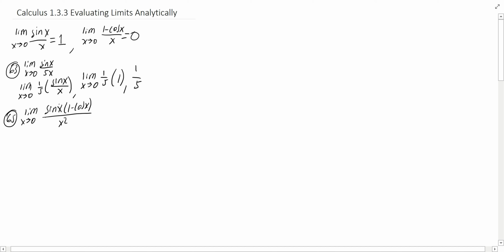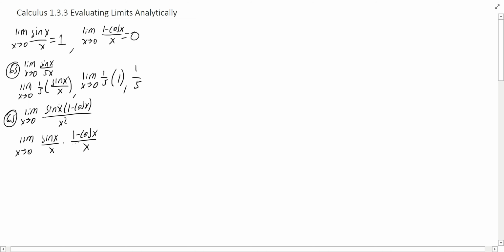In this sort of problem, we're going to use a pretty similar technique as we've done previously, continuing to use these special trigonometric limits. Our first step is to say we have the limit as x goes to 0 of sine of x over x times 1 minus cosine of x over x.